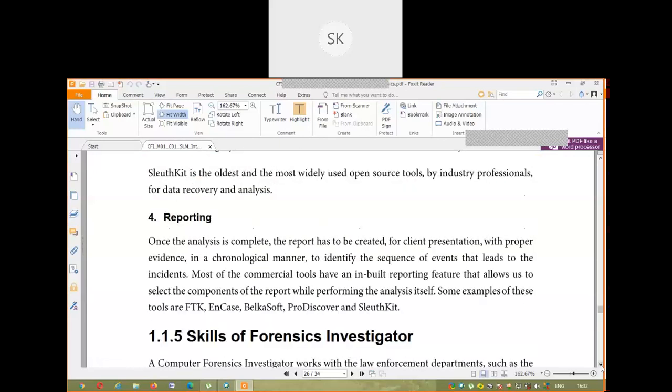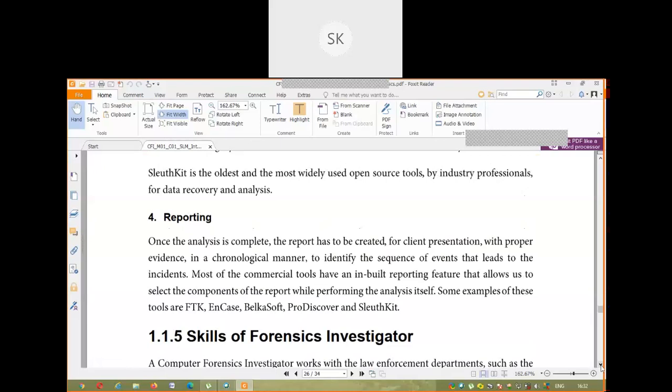And the last phase is reporting. Once we have done acquisition, extraction and analysis, now we have to present those things.